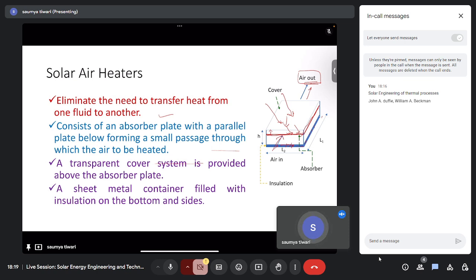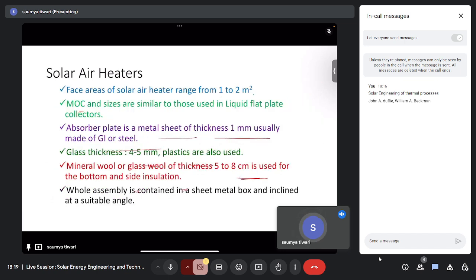Here the specification of a typical solar air heater is also given. The area requirement is 2 square meters, and the glass thickness is 4 to 5 mm. It could be plastic also. The main objective of the cover is to avoid dust settling on the absorber plate.